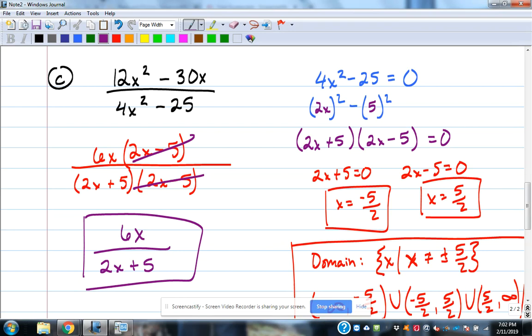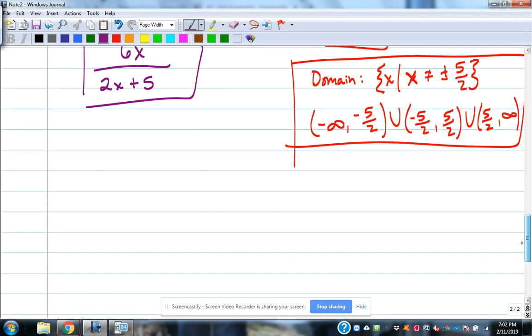If you can't factor it, don't miss a problem that says just find the domain because you can't factor it. You know that you can use the quadratic formula or square roots to solve some of these. So keep in mind that if it just asks for domain, you can solve the problem. If it says find the domain and simplify, you've got to simplify it. So the factoring is very important. But sometimes you can find the domain by just solving. That can help you at least narrow down your choices.